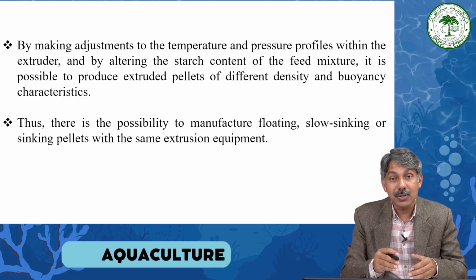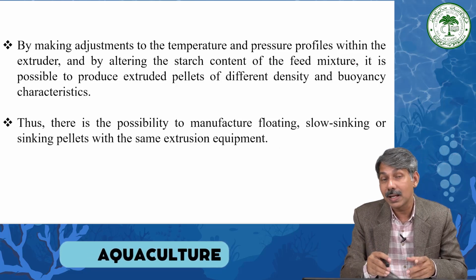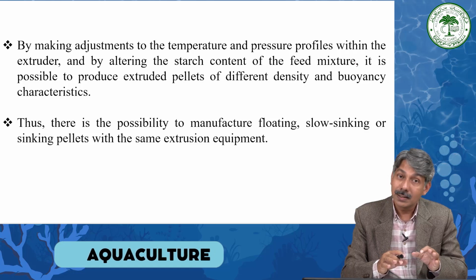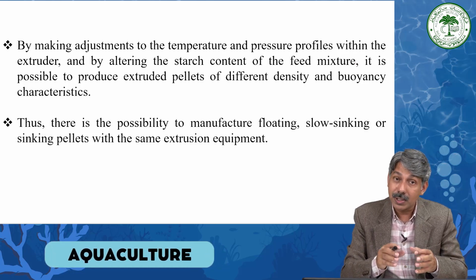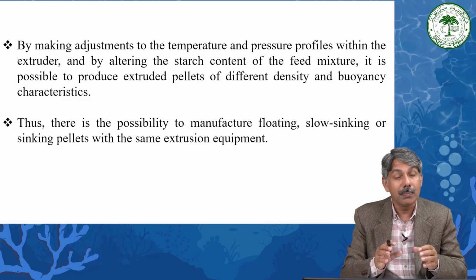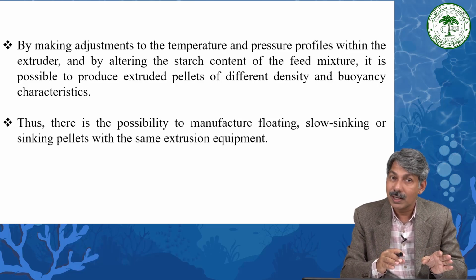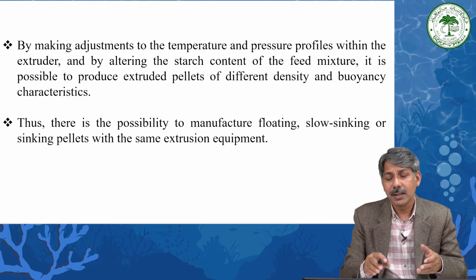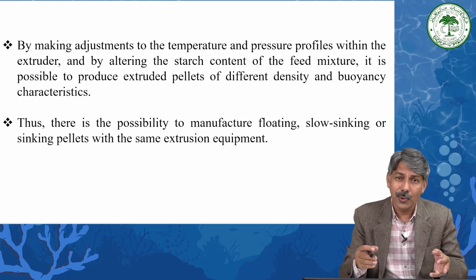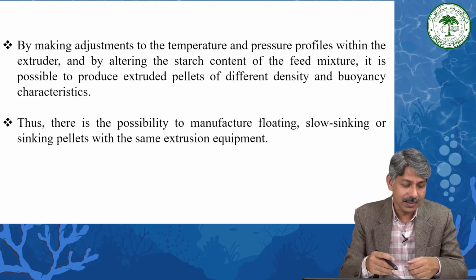If you are getting pellets of different density and buoyancy, and also you are getting good water stability, what else are you looking for? The nutrients must be available in the proper form. The attractability and palatability are the only additional characteristics that you are looking for. But if you are having water stability here, maybe by manipulating the density and buoyancy, you can produce floating, slow sinking or fast sinking diets.